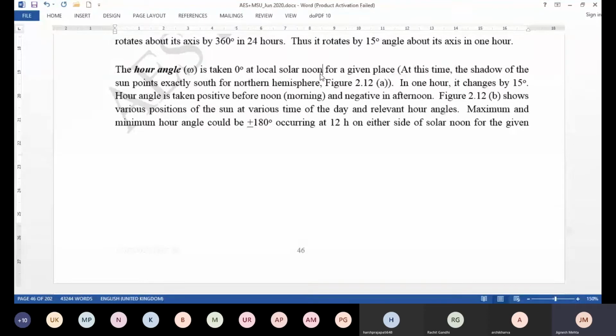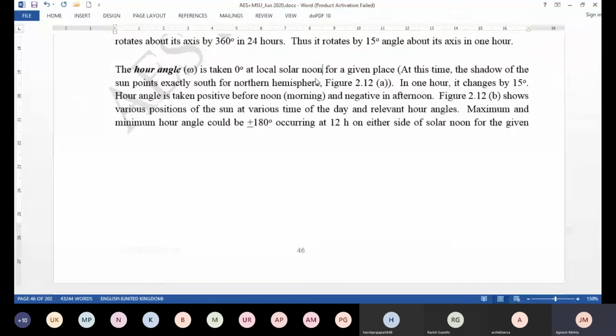So you know this, that in the western part of India, we lag behind, so sunrise will be later, while in the eastern part of India, in say West Bengal, in Assam, the sunrise will be very early. That is because their actual time is ahead of the time shown by the Indian Standard Time.